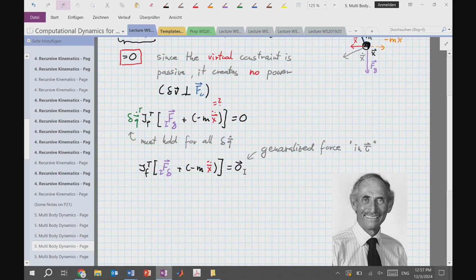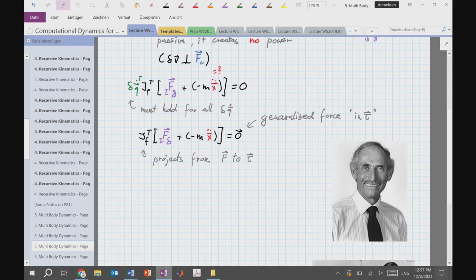And since in our simple example we didn't have a motor, on the right-hand side we're bound to get a 0. So here we have our Jacobian that projects from forces F, Cartesian forces F, to generalized torques tau.